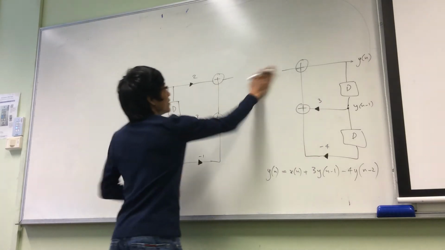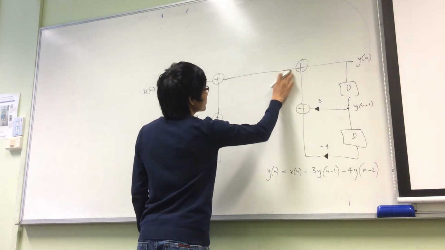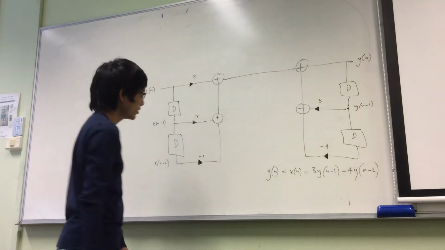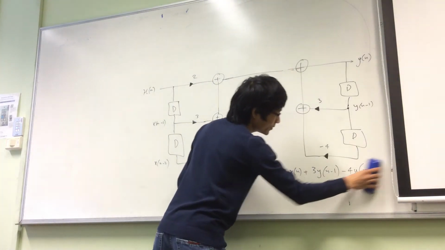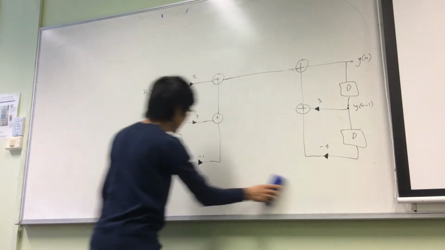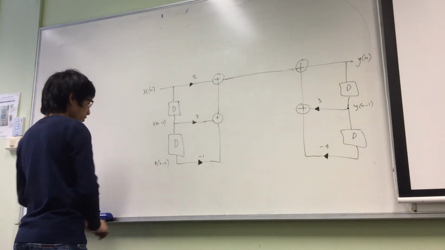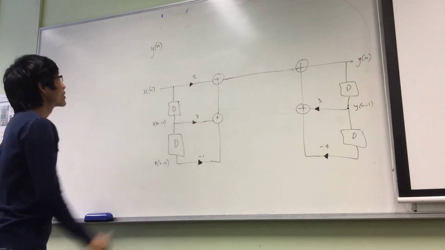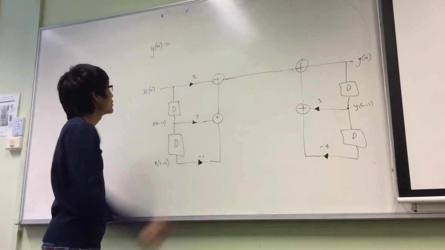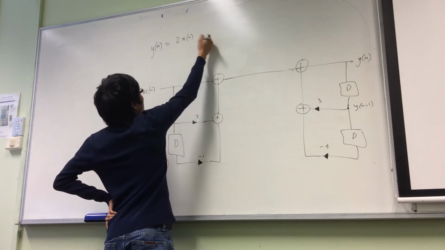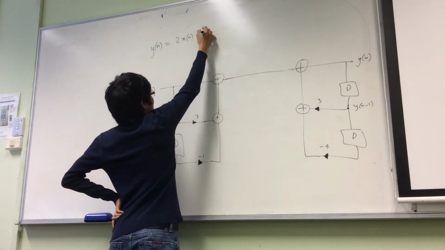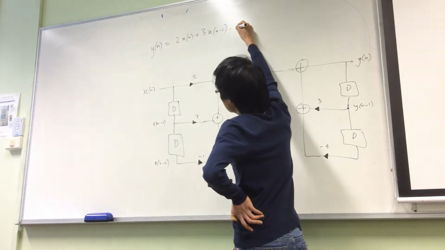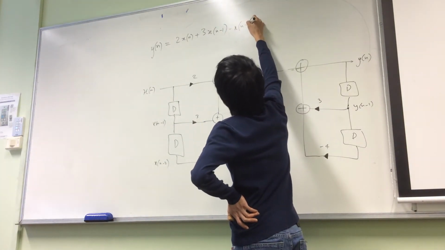So what happens if you connect these two together? We add this one to this one. So what is my final equation now? yn equals 2xn plus 3xn minus 1 minus xn minus 2.